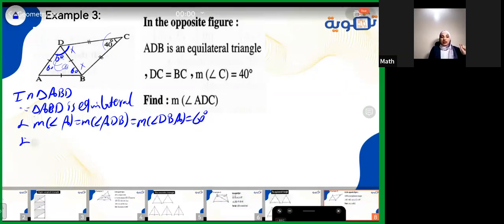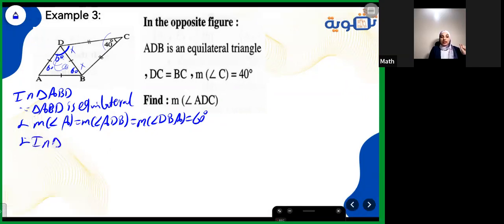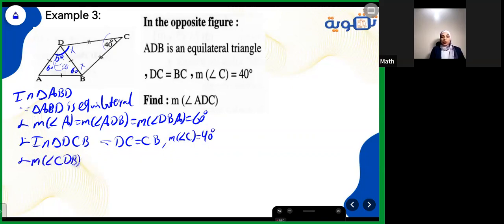Then in triangle DCB, since DC equals CB, and let's write also measure of angle C equals 40 degrees, then measure of angle CDB will be equal to measure of angle CBD, which is 180 minus 40, the vertex angle, and divide the result by 2.